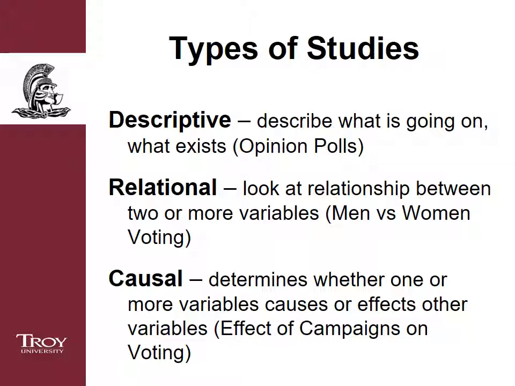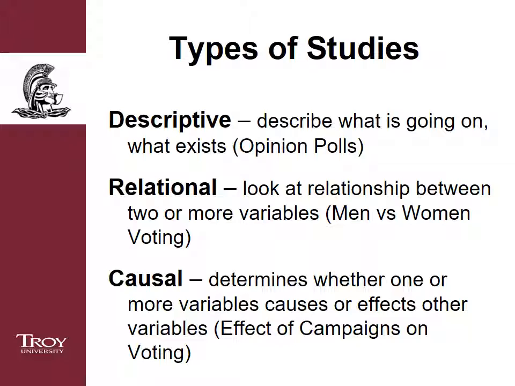And we start looking at a relationship between two variables. Those variables are, one, gender, and two, support for one candidate or the other. So now we have a relationship, right?